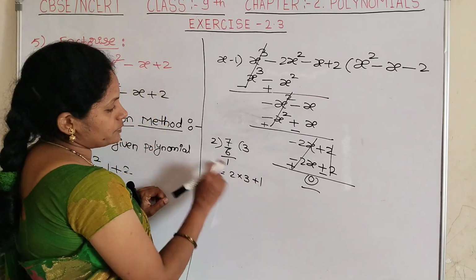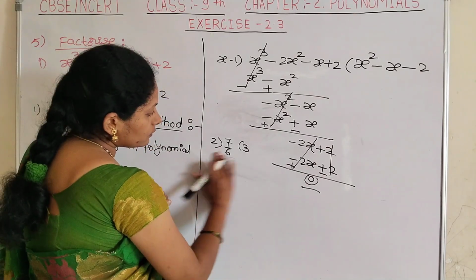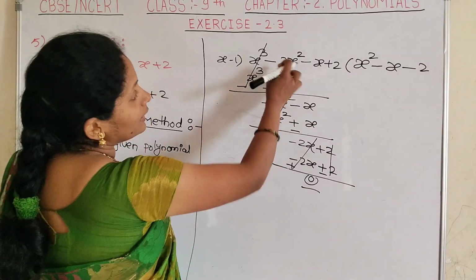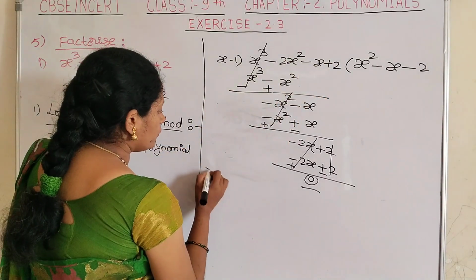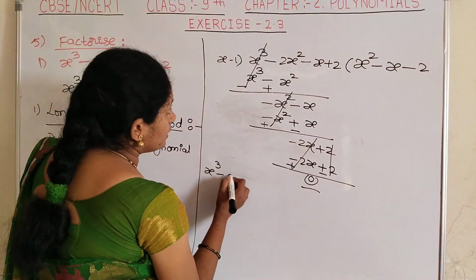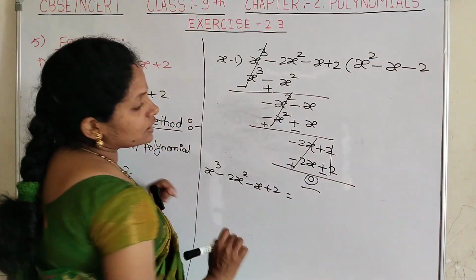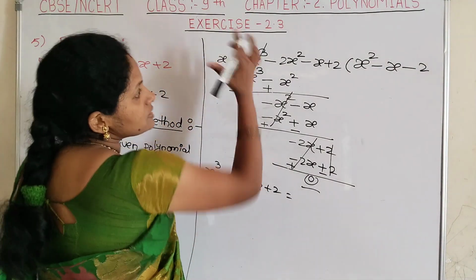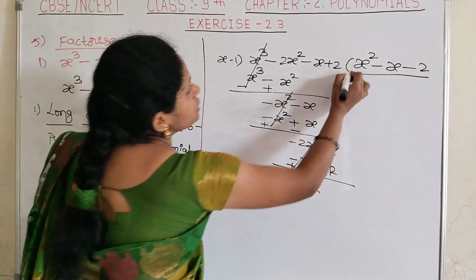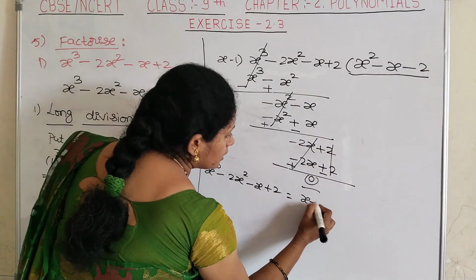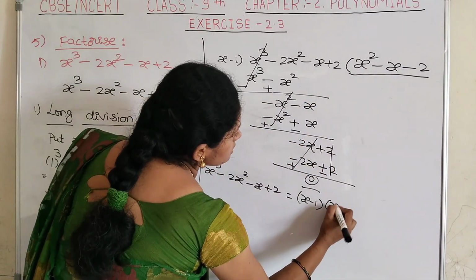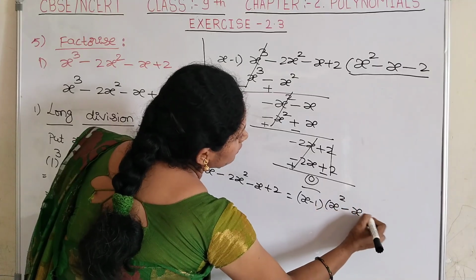Here also we can say the dividend x cube minus 2x square minus x plus 2 can be written as x minus 1 into the quotient, x minus 1 into x square minus x minus 2.